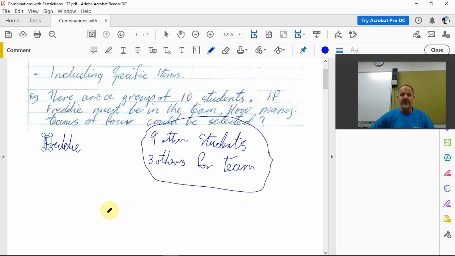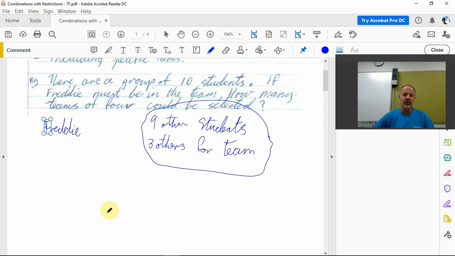So we're choosing 3 others from the 9 that are left. So we go 9C3. And when you do that on your calculator, because I've prepared one earlier, you get 84. So there's 84 different teams that could be selected.